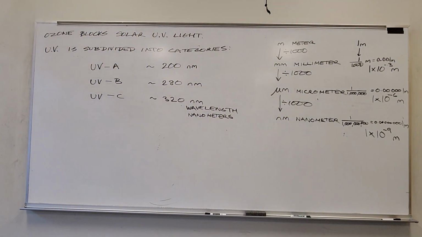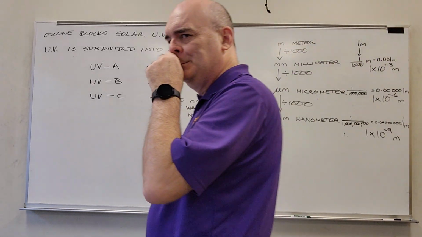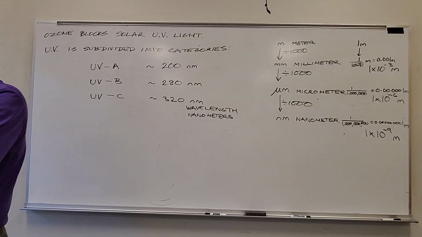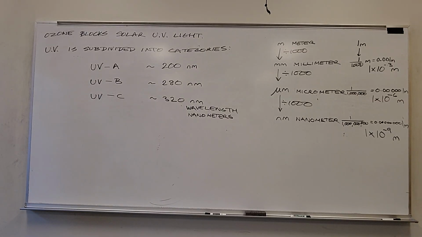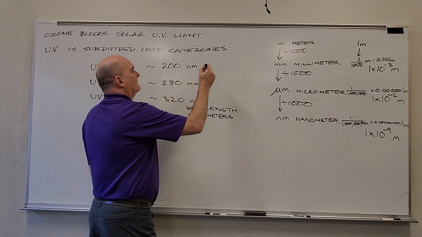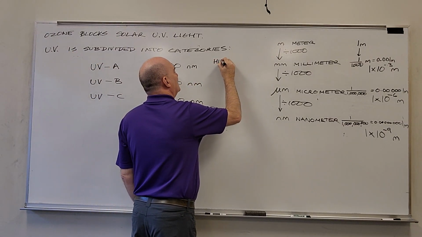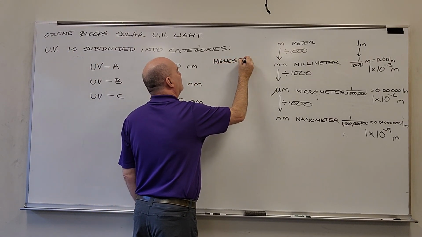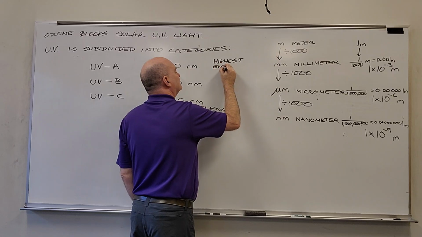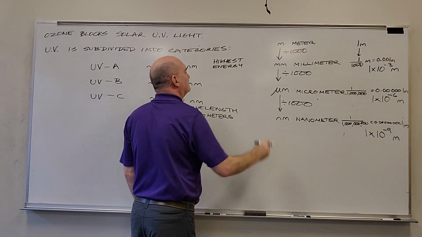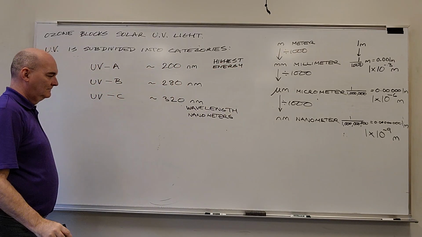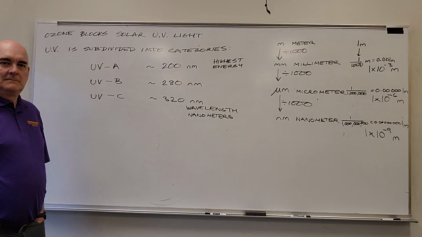Of these three waves, which one's the highest energy? A, B, or C? Why is A the highest energy? It's the electromagnetic spectrum when you're going across, it starts with UV at 400 or below.